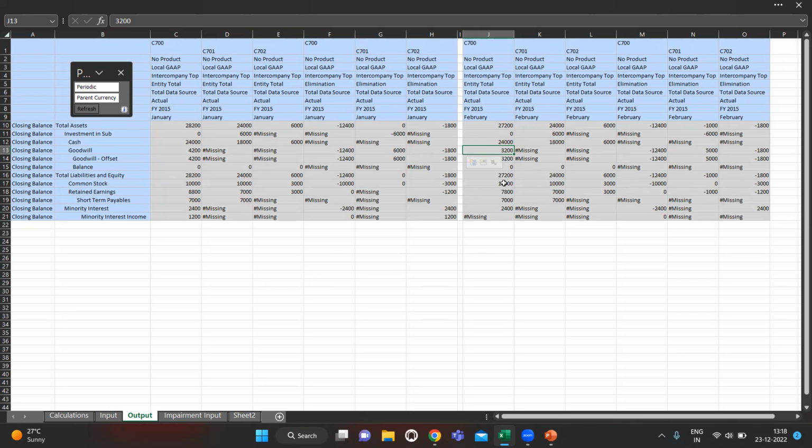This is the desired goodwill which we wanted, and yes, the retained earning is also coming as 7,800. As you can see, previously it was 8,800, and currently it is 7,800. And the same thing is with the goodwill. Previously it was 4,200, and currently it is 3,200, and all the items are the same.